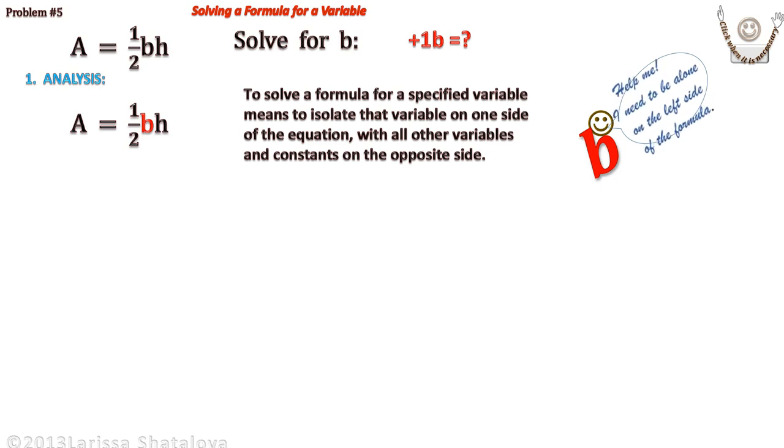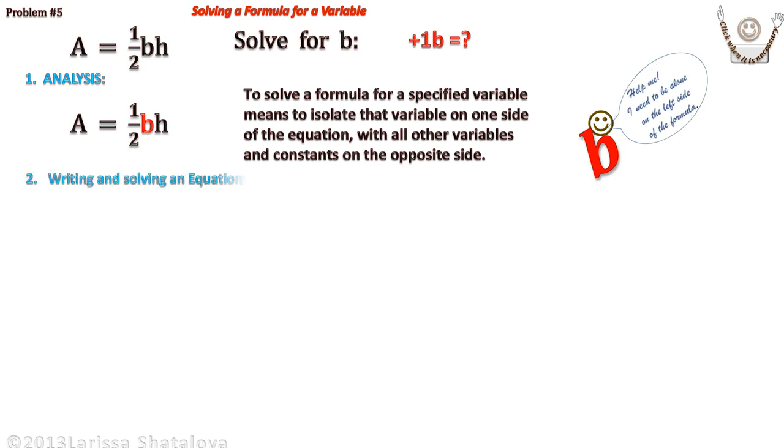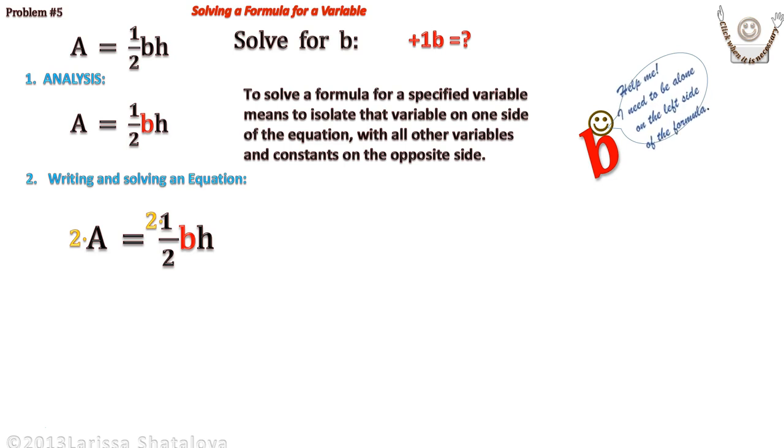But let's move to step number 2, writing and solving an equation. First of all, we have fractions, so maybe we can clear fractions. Why not? So let's multiply both sides by the least common denominator, which is just 2, and simplify, because 2 over 2 is just 1.